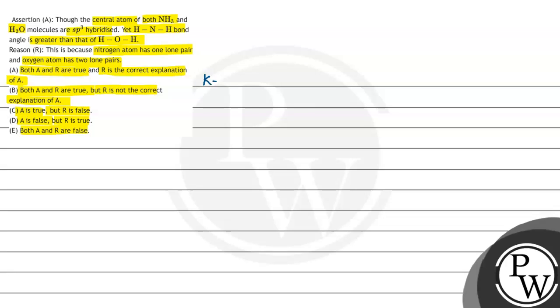Let's understand this question with the basic key concept. So, we know that, what do you understand by bond angle first? Let's talk about bond angle. What is bond angle? It is the average angle between the orbitals, right? The bonding electron pairs surround the central atom.